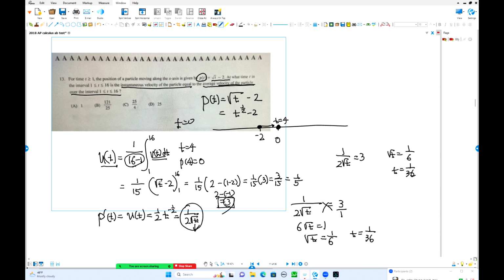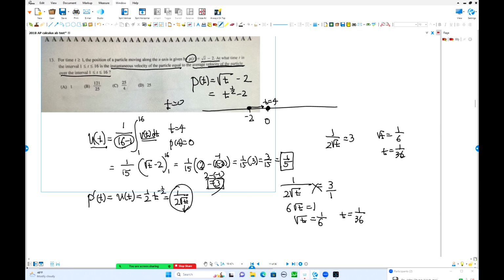At 16 this is 4 minus 2, that is 2, and at 1 it is 1 minus 2, that is negative 1. So 2 plus 1 gives 3 over 15, which is 1 over 5, right? That's true.